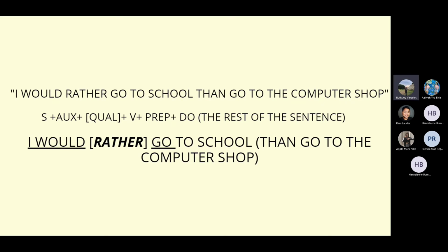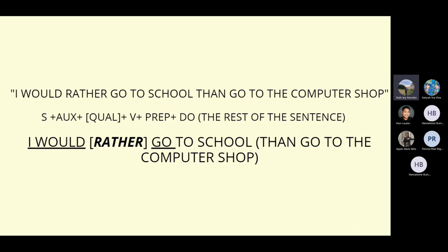Okay. So the first example is: I would rather go to school than going to the computer shop. As you can see, the syntactic environment is given in the presentation. So I is the subject and would is the auxiliary, and the qualifier word is rather.